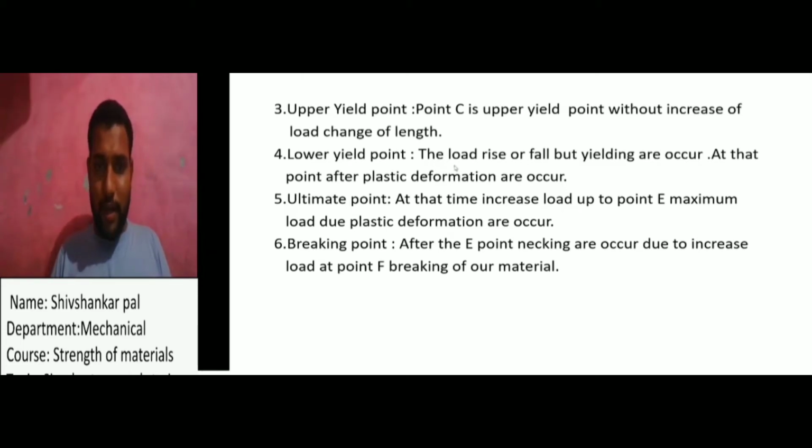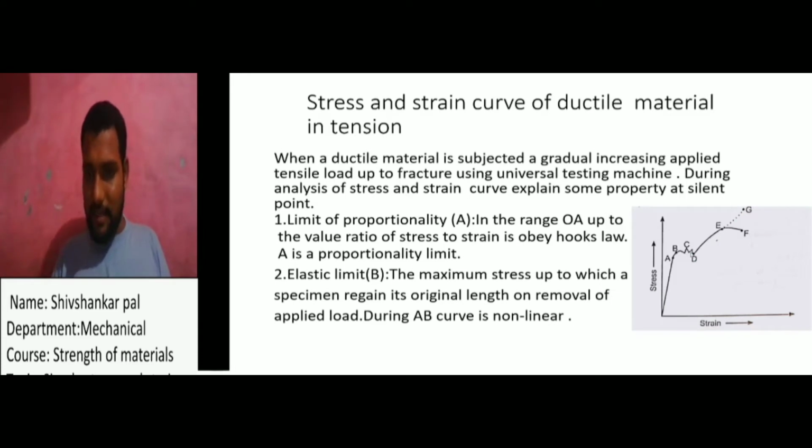What is the lower yielding point? The load rises or falls, but yielding occurs, and plastic deformation occurs at that point. Suppose that is point D, the lower yielding point. When you increase or decrease the load, it is not affected, and the length continues to increase.